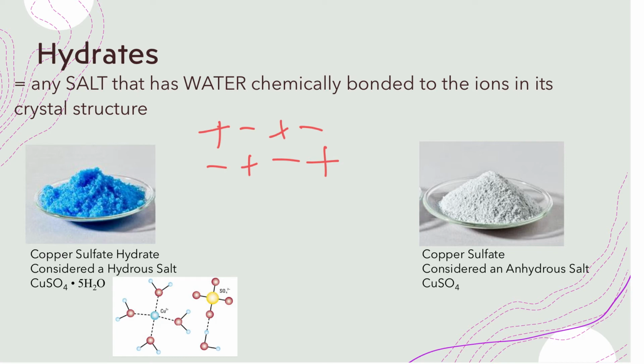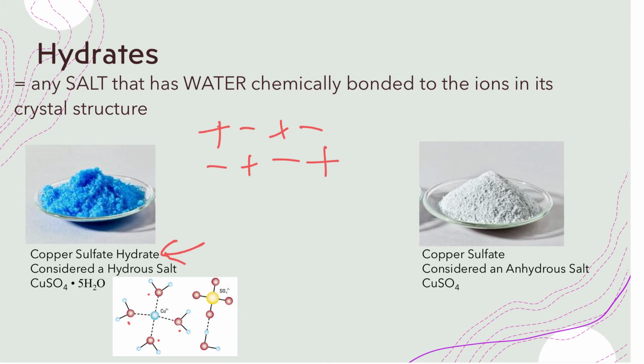Now, you can see here, and this is a very common salt, copper sulfate, and when it has water bonded to it, it is actually blue. And so you can see that the oxygen is kind of surrounding the positive ions down here, and the hydrogens are pointing more to the O's on SO4.